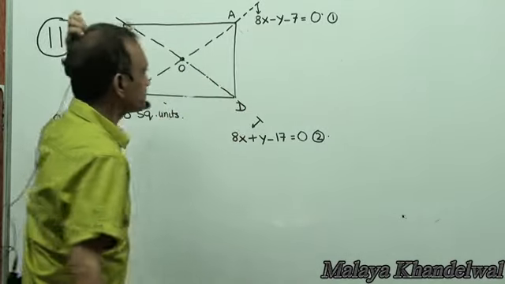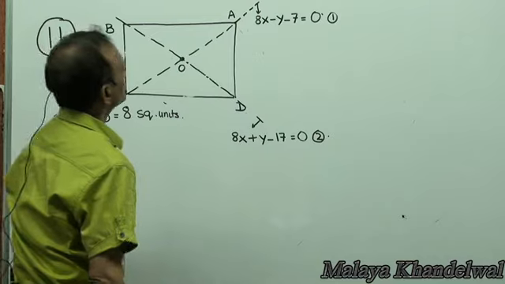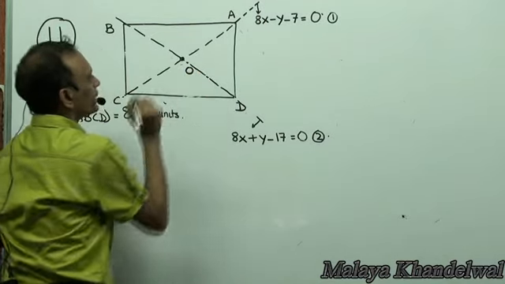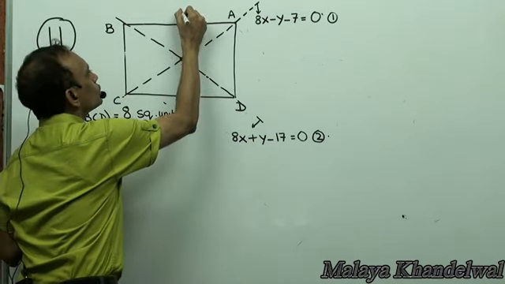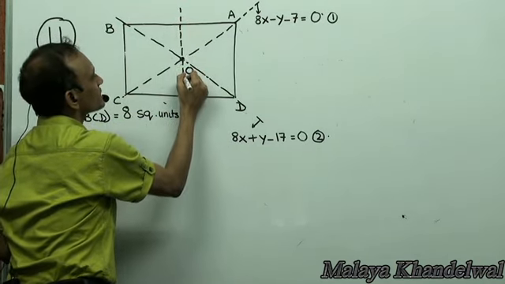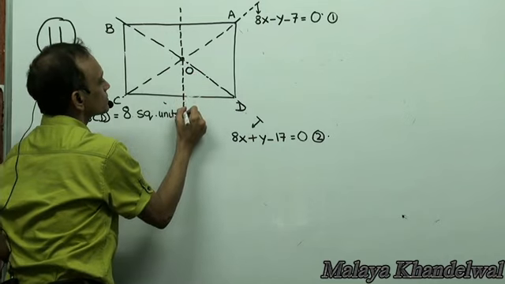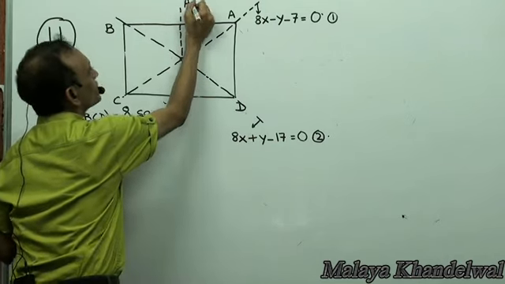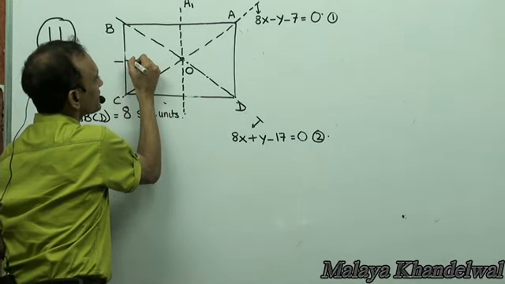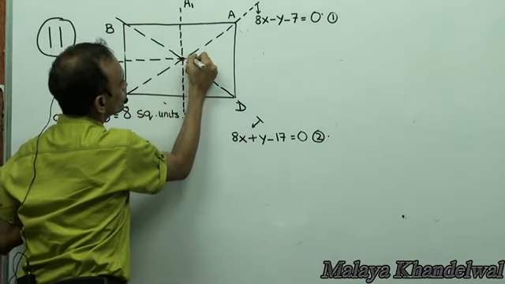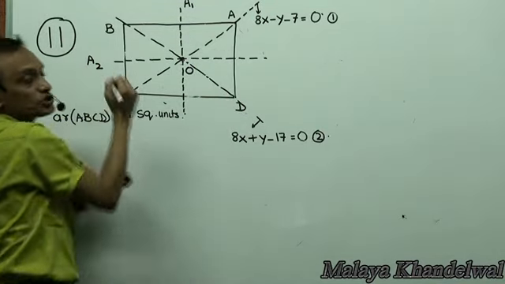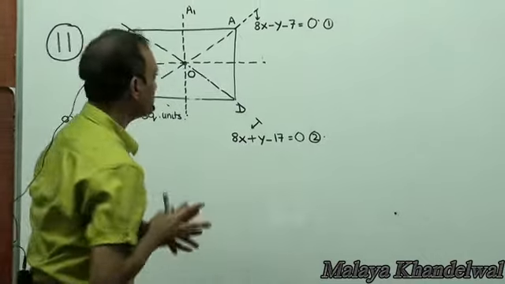Now, first things first. You realize that if I draw the angle bisectors of the diagonals, this is one angle bisector, call it A1, between the two diagonals, and this is another angle bisector, call it A2. These are the two angle bisectors between the diagonals of this rectangle, right?